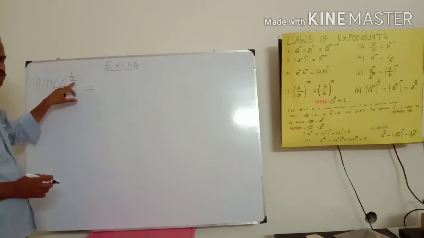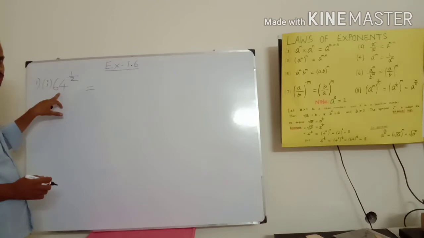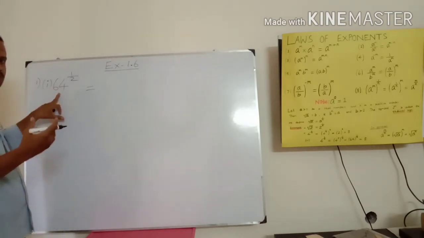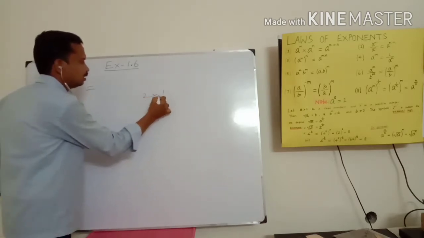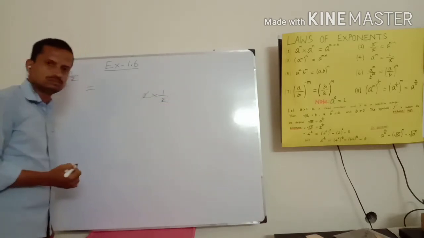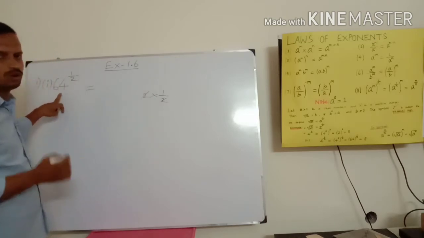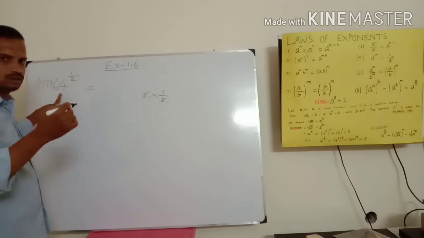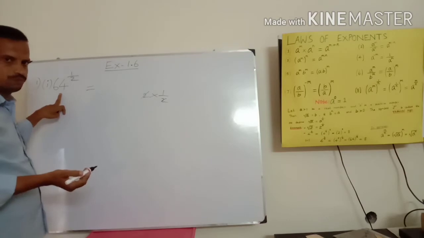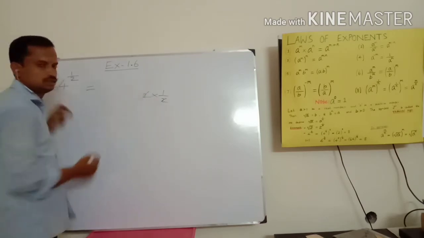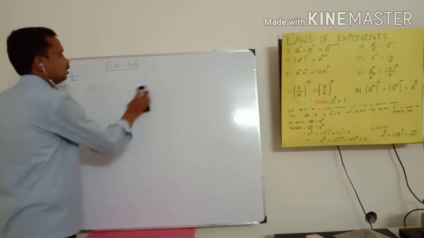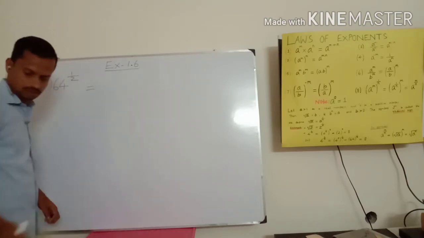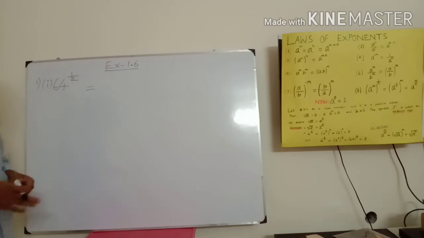Therefore, we try to convert 64 as a number with power 2, then we can easily cancel 2. If you make 64 a number with power 2, then it is easy to cancel. Okay children, do you understand?